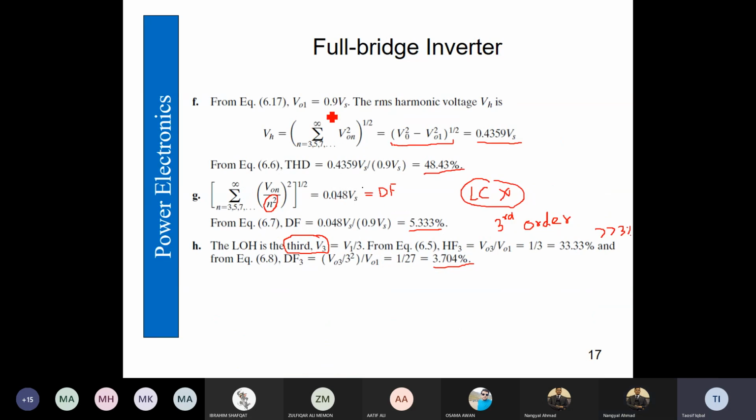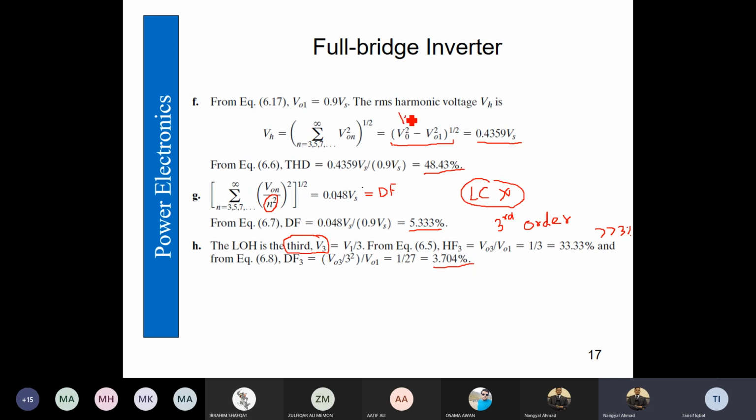Now in the next step we are going to find the total harmonic distortion, and therefore we need to find out the RMS harmonic voltage, and the simple form is to find out the difference of total voltage and first fundamental voltage.